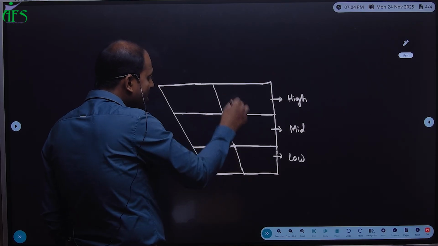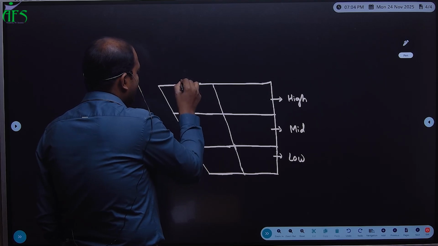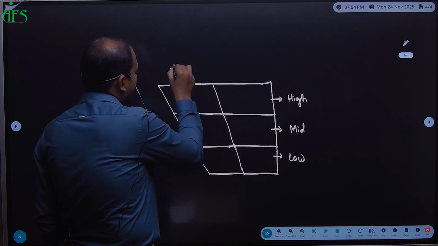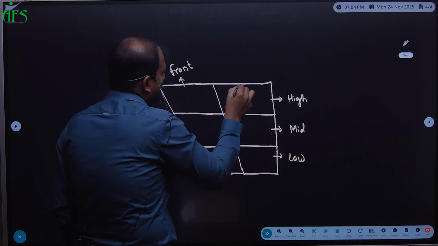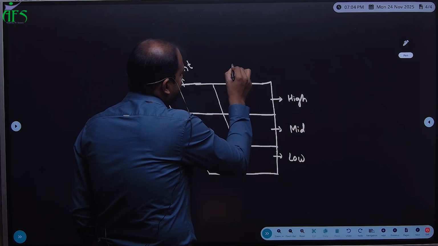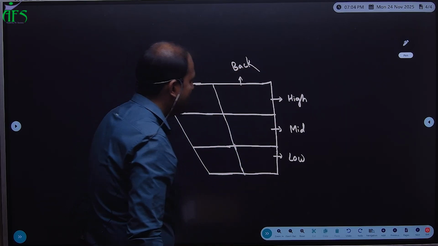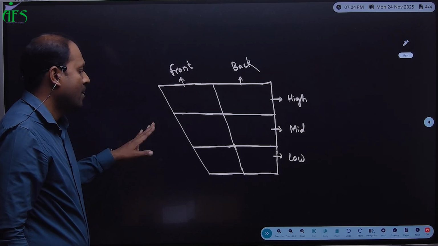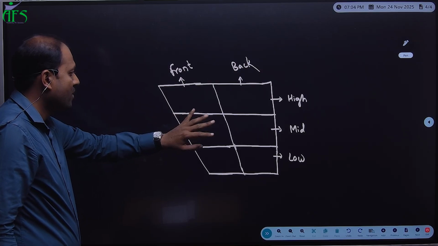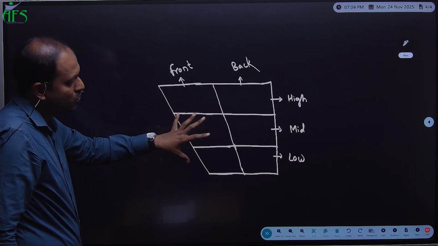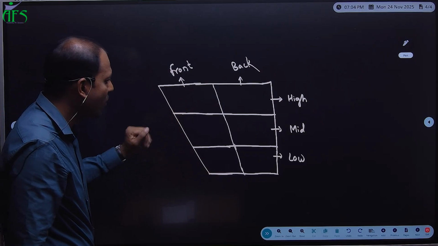What about these two? This entire part is called front, and this entire part is called back. You got it? After finishing this one, I'll tell you how to describe the sounds, consonant sounds as well as vowel sounds.